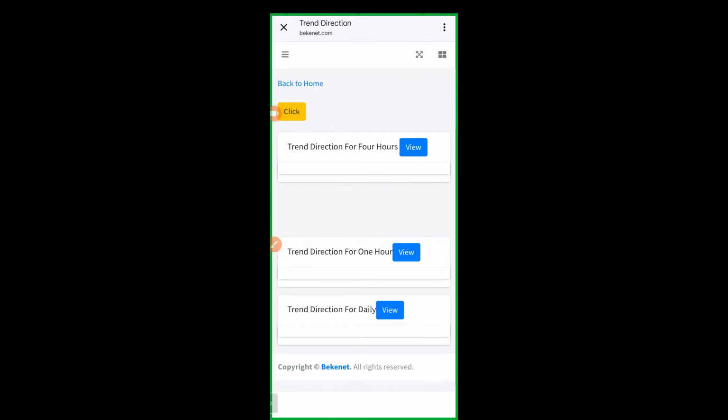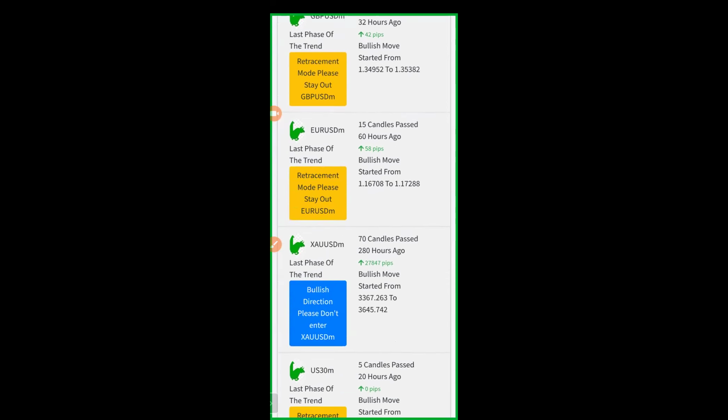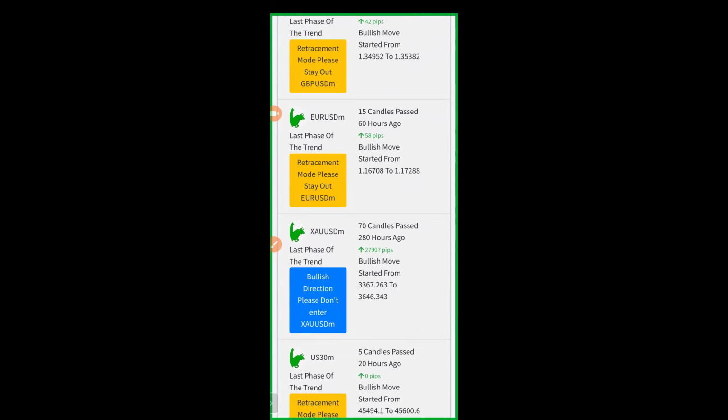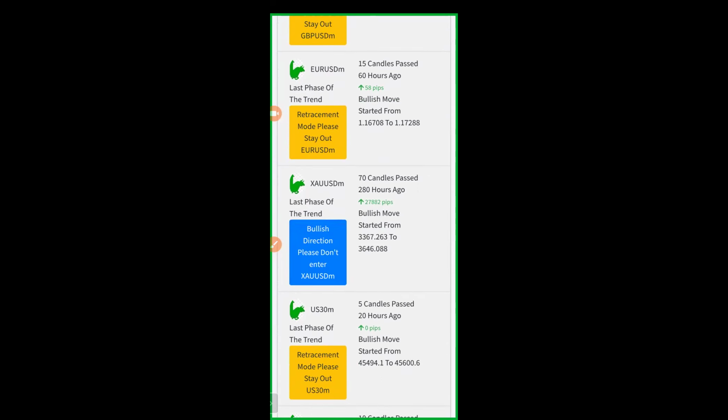Look at it. Trend direction for 4 hours. Look at it. GBP USD, 8 candles passed, 32 hours ago. That was already over. Retracement mode. Please stay out, meaning that the market is retracing. Okay, let's look at it. This is already long, 280 hours ago. Good. Bullish direction.